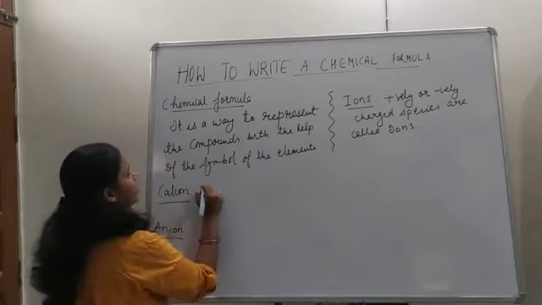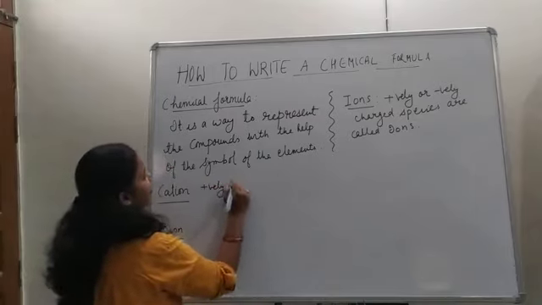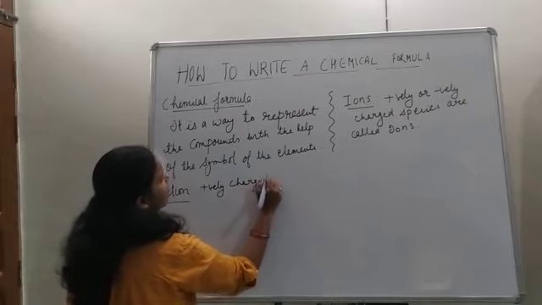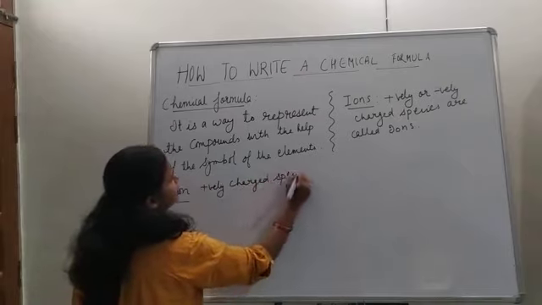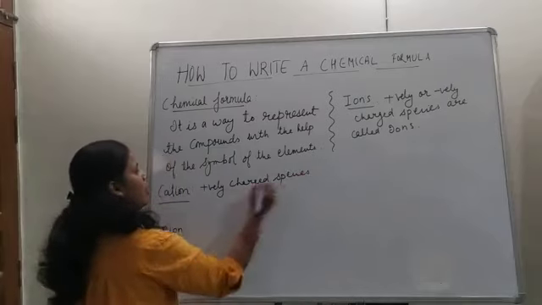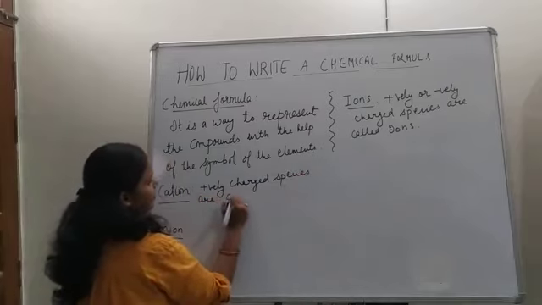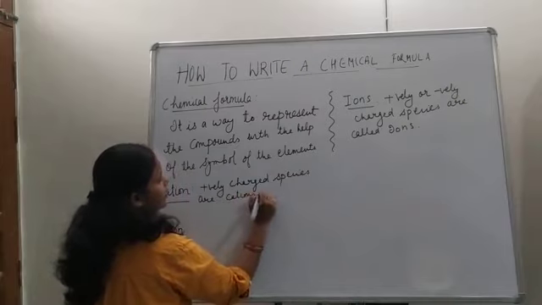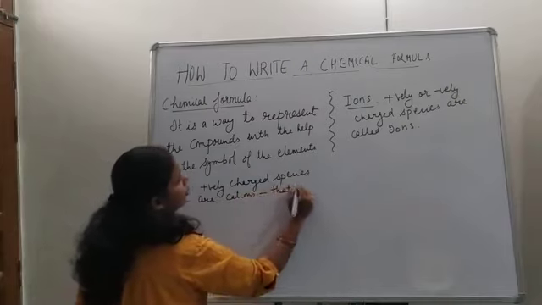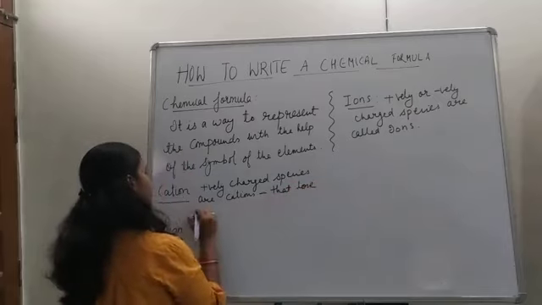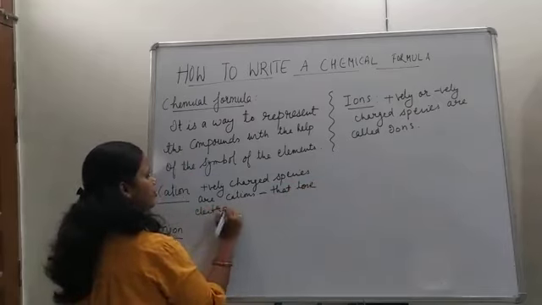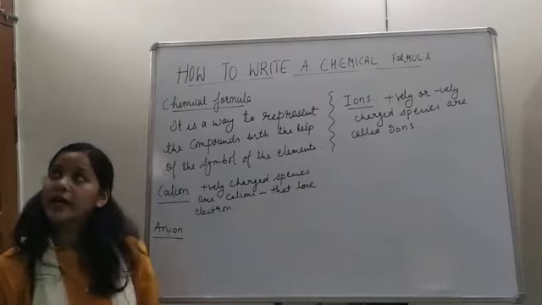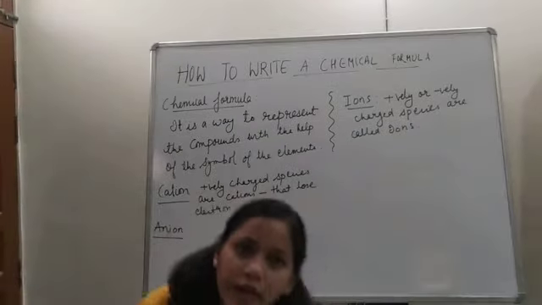So we can write the positively charged species are cations that lose electron. I'll give you the example also. Whereas anions, just opposite. What are anions?